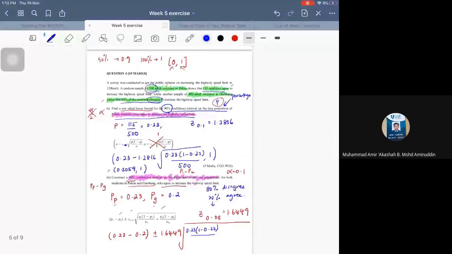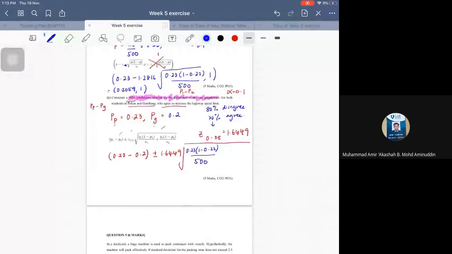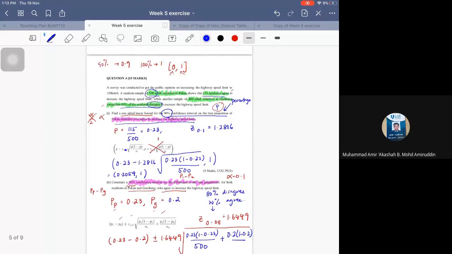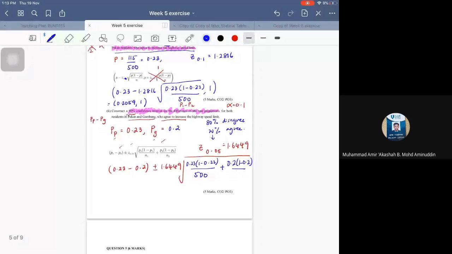Yeah, it's over 500. And for those in Gambang, it's going to be 0.2 multiplied by 1 minus 0.2. And I think that we have a sample of 400 in Pekan, so it's going to be over 400. Okay, and of course the lower bound is going to be minus, the upper bound is going to be plus.